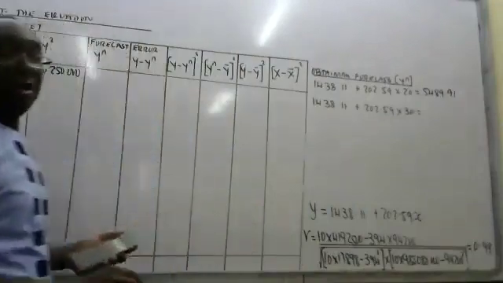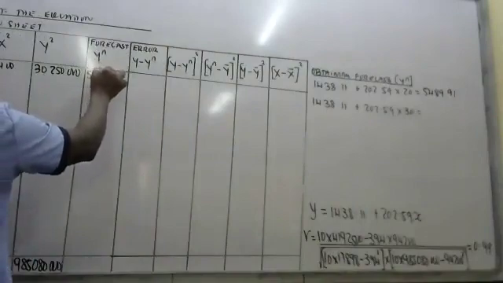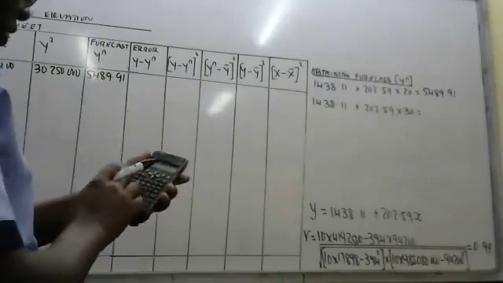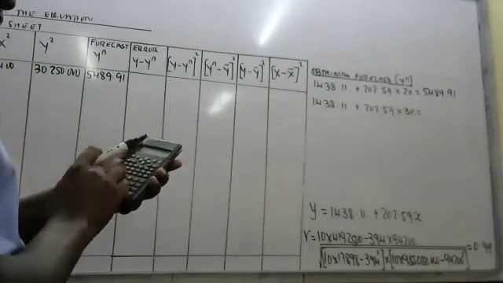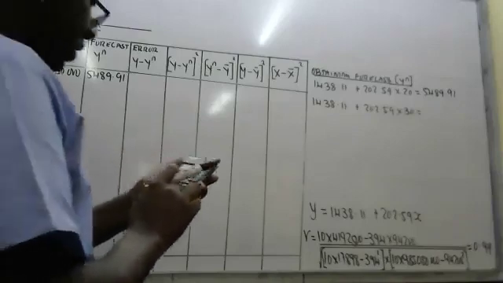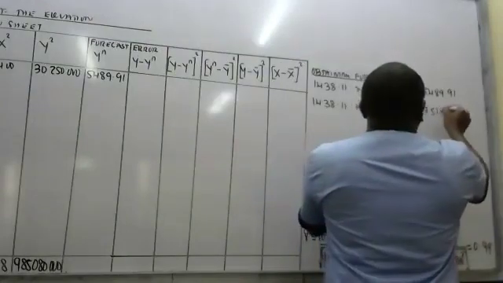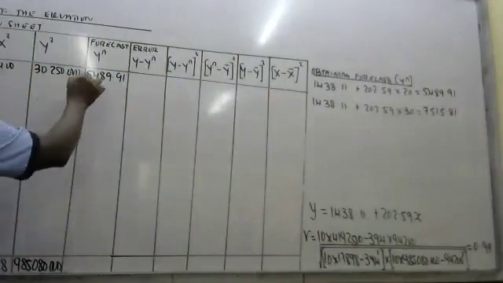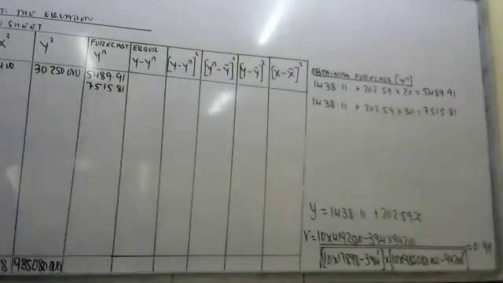That value you write here. 5489.91. Go to the other one: 1438.11 plus 202.59 multiplied by 30 is 7515.81. So that one you write here: 7515.81. Have we understood that?